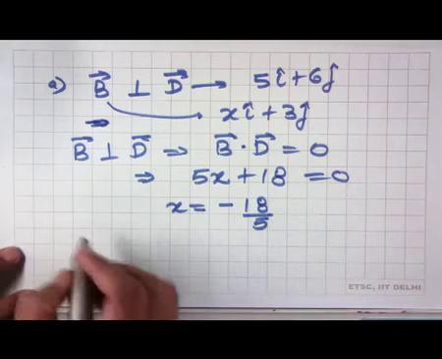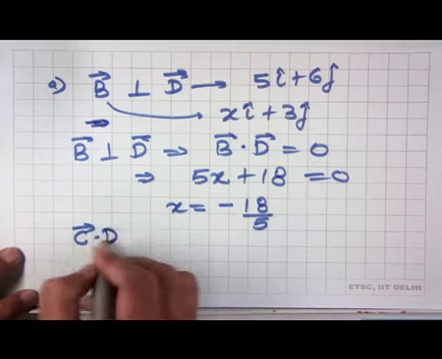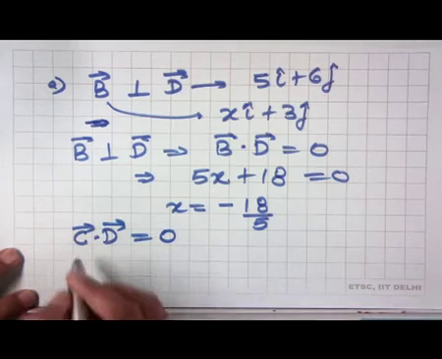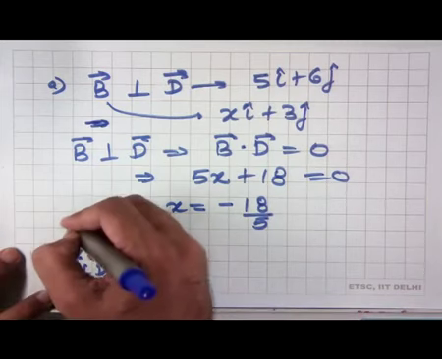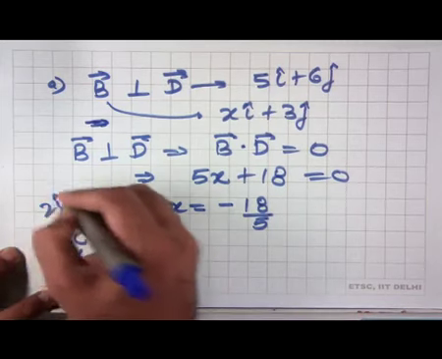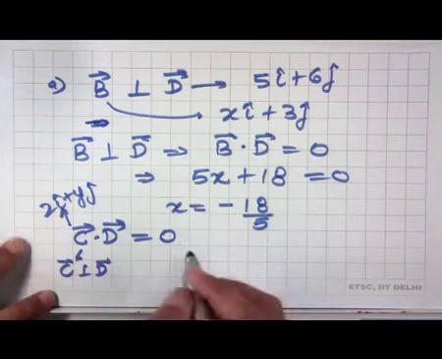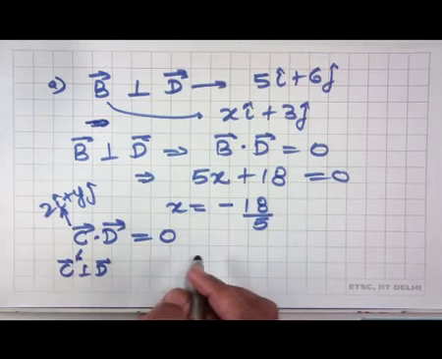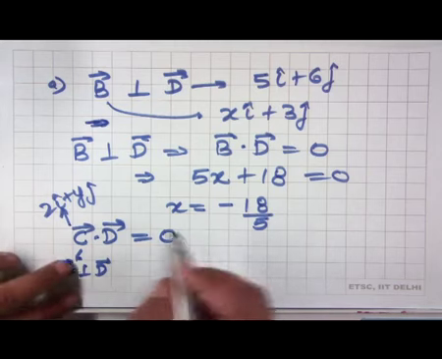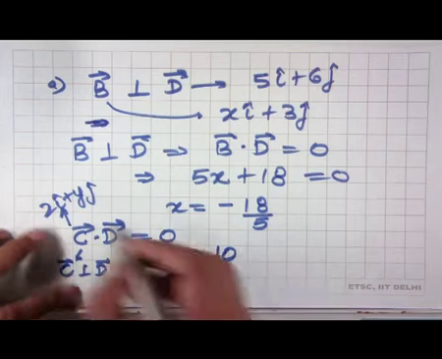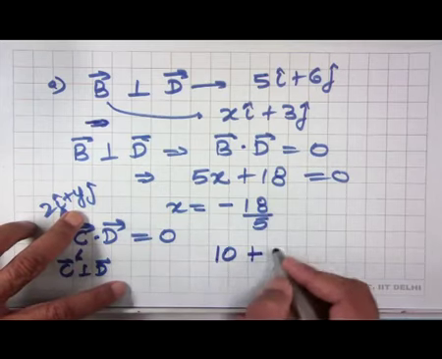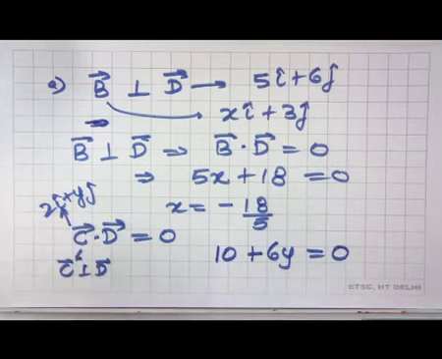And similarly, we have C dotted with D must be 0 because C is perpendicular to D, and C was given as 2i plus yj. So, C dot D will give us 2 times 5, which is 10, plus y times 6, so 10 plus 6y is equal to 0.